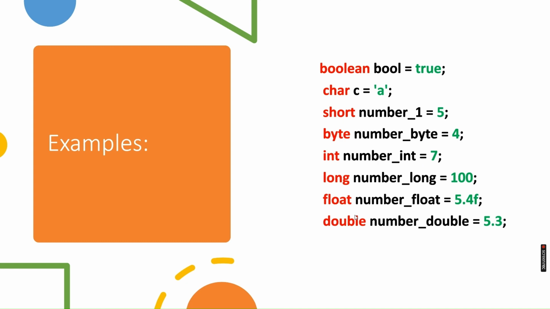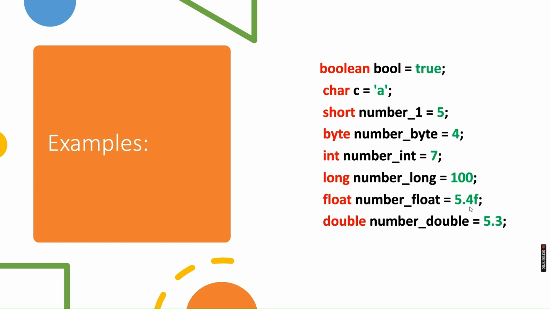Okay, if you notice, when you create a float equals 5.4, we put f in it. And why is that? If you write 5.4 only, it will automatically be read as a double. That means it's a different variable type, and that will throw an error.